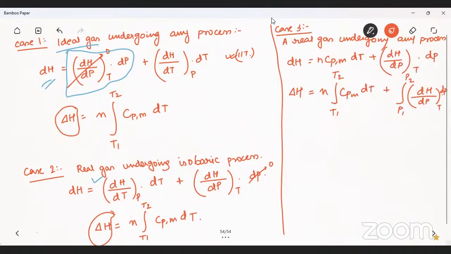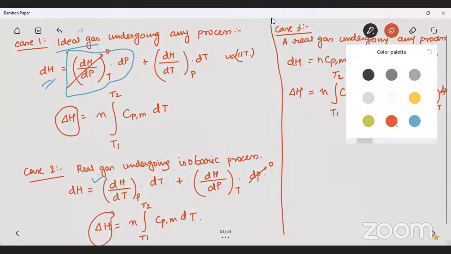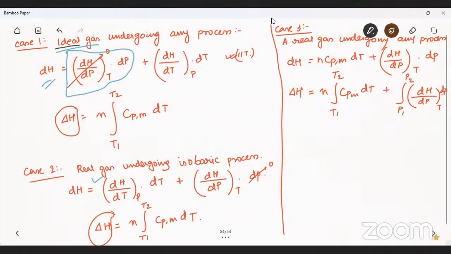So these are the 3 cases. Exactly these types of words will be given to you during your exam: ideal gas undergoing any process, real gas undergoing isobaric process, real gas undergoing any other kind of process, isochoric process.